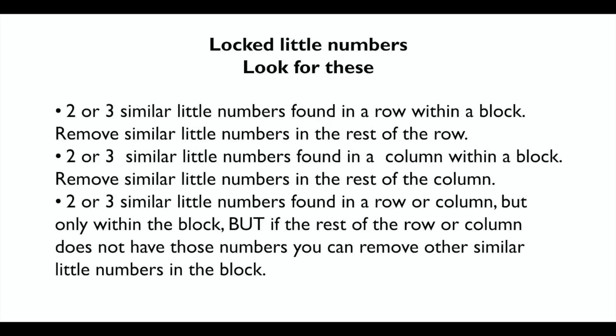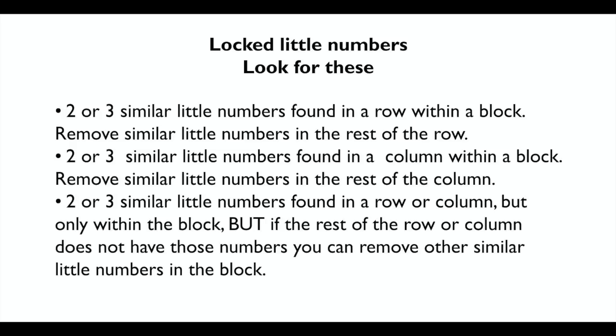Locked little numbers. Look for these. 2 or 3 similar little numbers found in a row within a block, then you can remove similar little numbers in the rest of the row. 2 or 3 similar little numbers found in a column within a block, therefore, remove similar little numbers in the rest of the column.